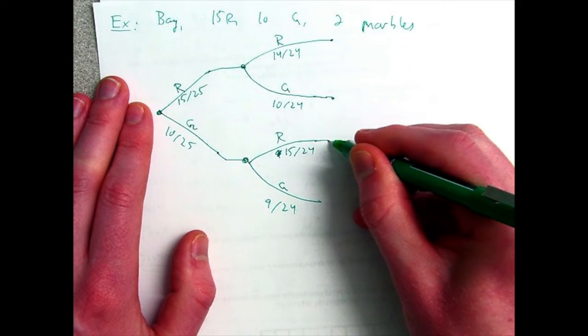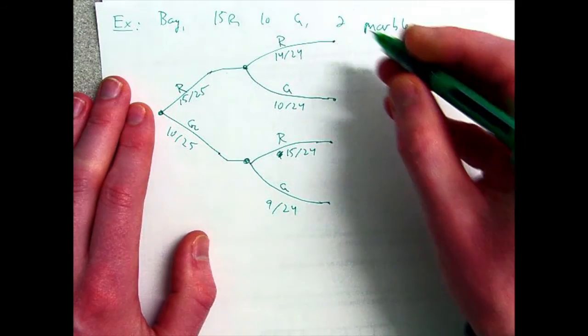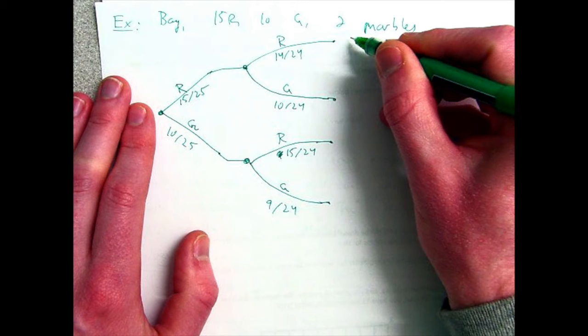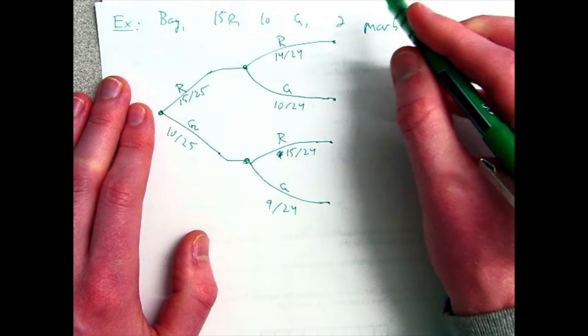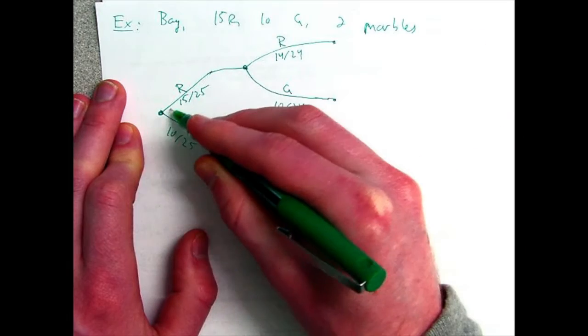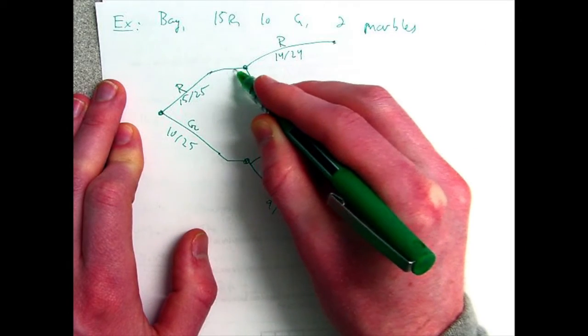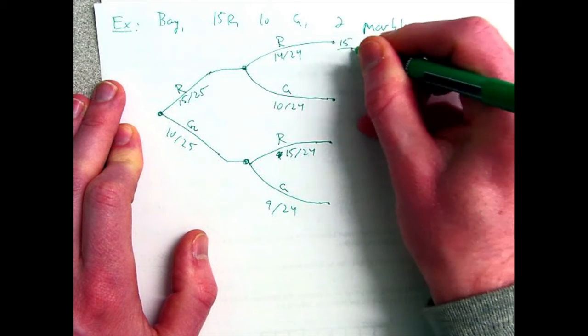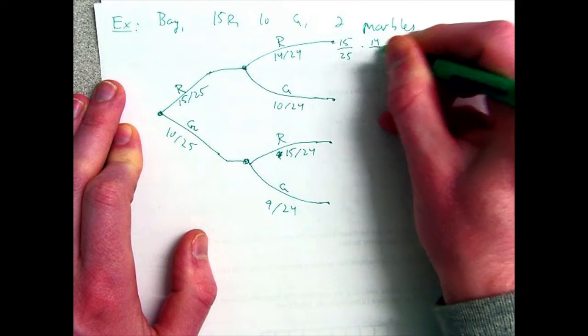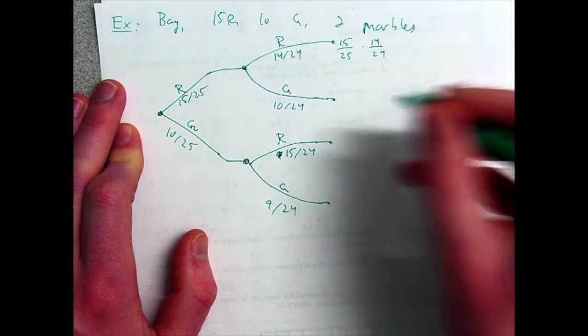All right. And then there's one more thing I'm going to add to my tree diagram. At the end of each branch, I'm going to write a new number. So right here, I'm going to write the product of all the numbers along the path ending in this branch. So that would be 15 out of 25 times 14 out of 24. And then same thing here.